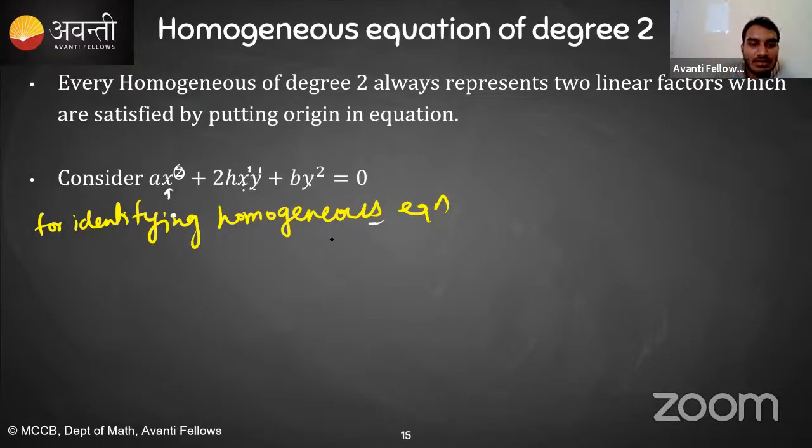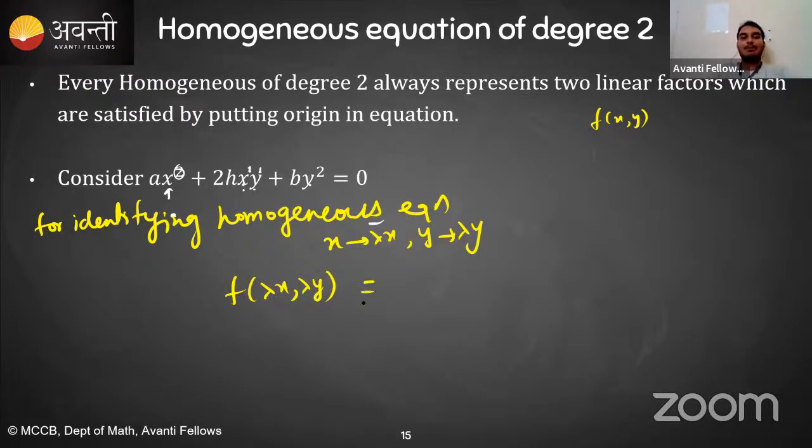Or in general, when you replace x with lambda x, y with lambda y, f of x comma y becomes f of lambda x comma lambda y. So what can happen is you can take the lambda outside, lambda raised to the power n into f of x comma y.